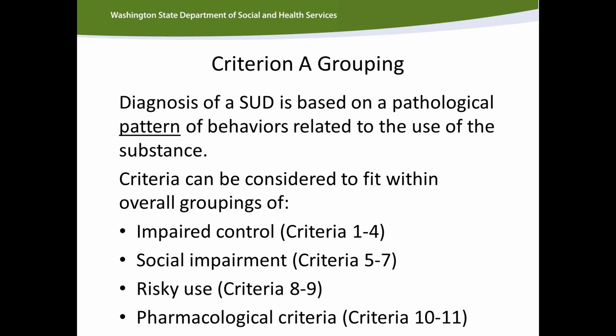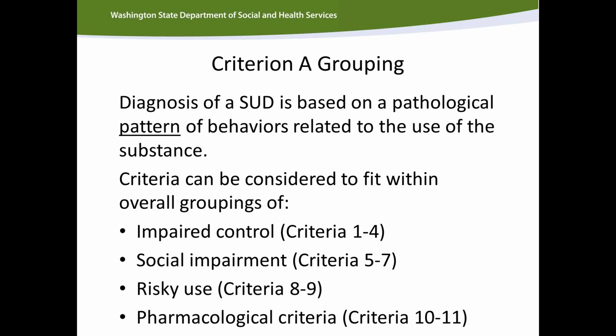Number 11, the last of the physiological symptoms, is withdrawal, and there are characteristic withdrawal syndromes for different substances, including alcohol, methamphetamine, and one that has recently been added in this edition of DSM, cannabis. Cannabis was not previously included, I believe primarily because there wasn't a lot of research on cannabis withdrawal, but there is sufficient now and it is included in here.